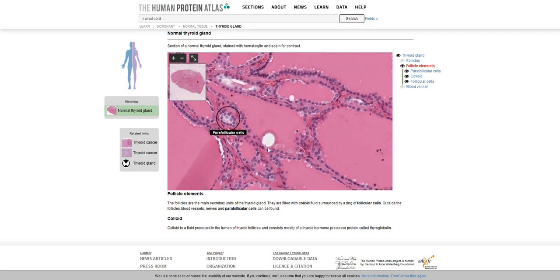So each of these follicles is going to be filled with a fluid called colloid. And the follicles are going to be those secretory units. So this is where those 3 hormones are going to be involved. So a little more about T3 and T4. They control our basal metabolic rate.